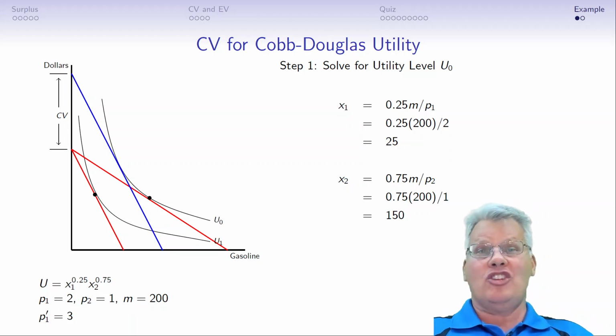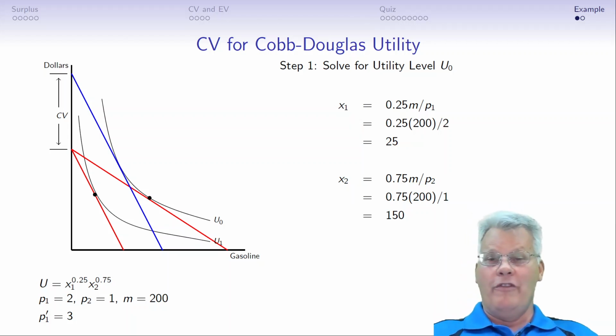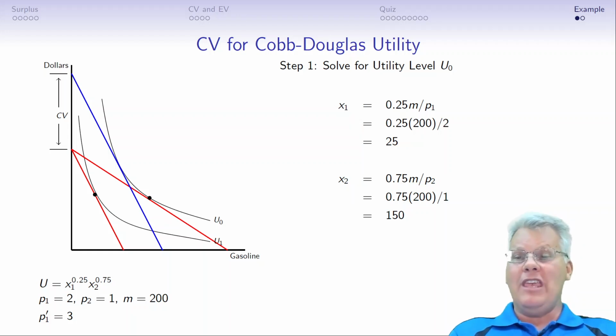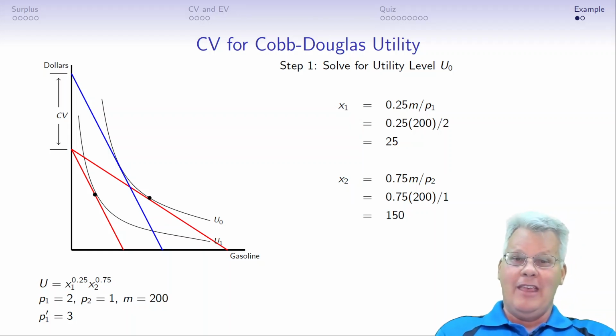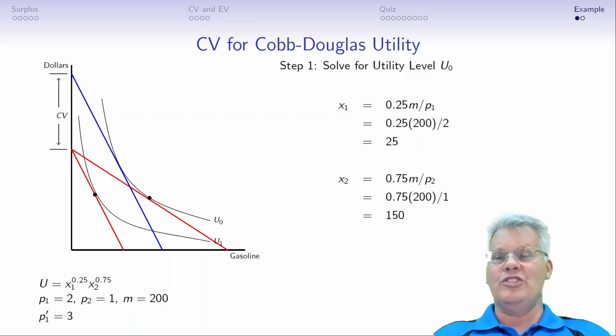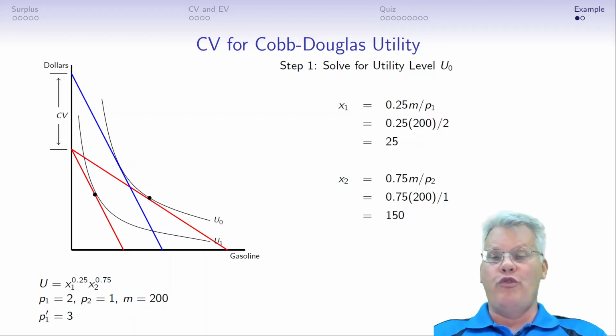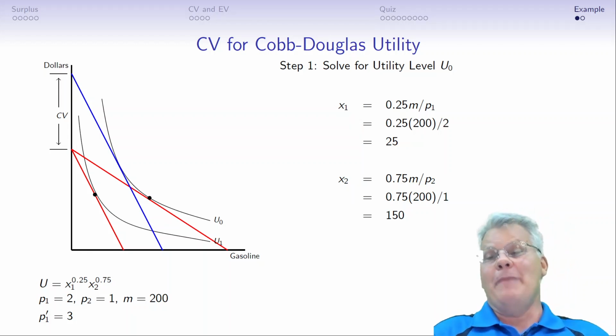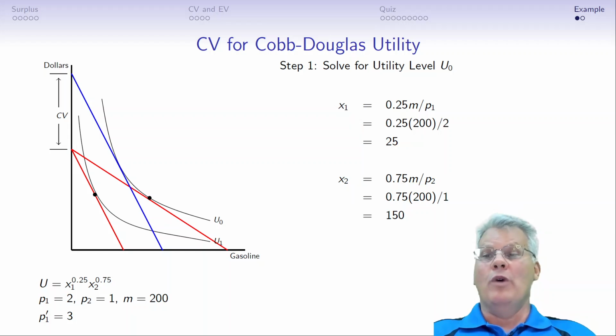You remember back to chapter 7 where Varian talked about Social Security. If we give this consumer with imperfect substitutes enough money to afford their original consumption choice, they're actually made better off.